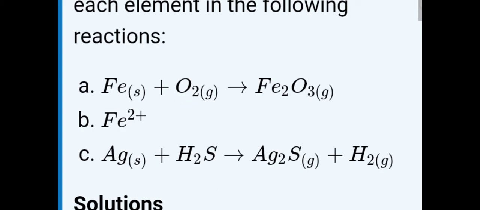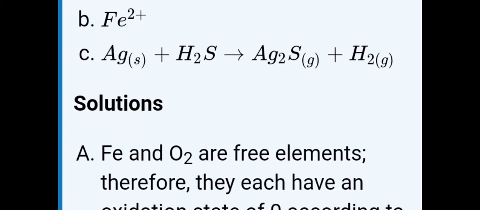This 2 is from sulfur, so it is -2 and hydrogen is +1. After the reaction, silver sulfide is formed. Silver is +1 and sulfur is -2. This 2 came from sulfur, while H2 has 0 charge.